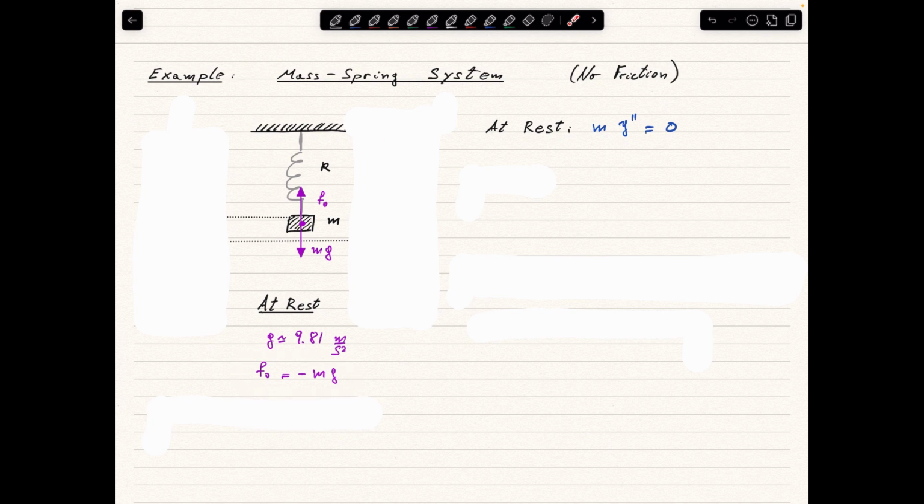So what we have here is that in this system, when it's at rest, we have only two forces: the force done by the spring, which is F0, and the force of the weight, and both balance exactly, and that's why we have 0 here, because the force of the spring balances the weight.